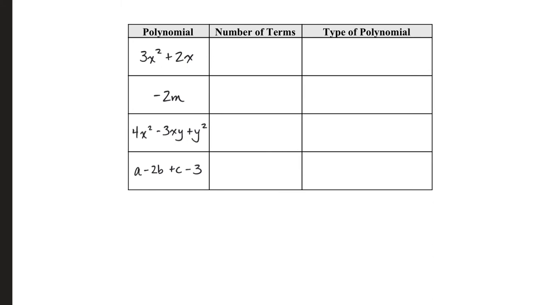Now, the question asks us how many terms do we have? And I hope that our eyes will automatically go to that addition sign there, because we want to make one key note at the bottom, right underneath that table. When we're trying to decide how many terms an expression has, we need to be able to recognize add and subtract symbols, because add and subtract is what separates terms.